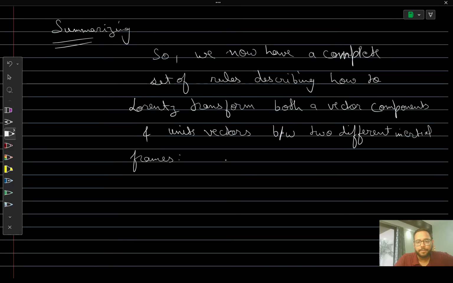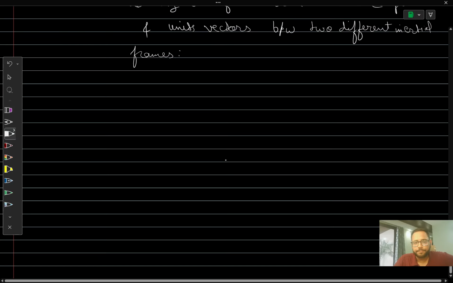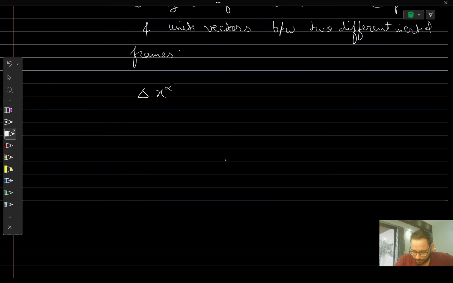Okay, what are the equations? So for the displacement vector, this can be written as prime mu, and you better write it with the inverse to make it clear.